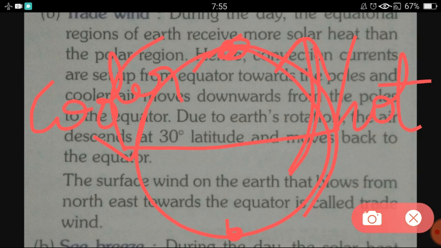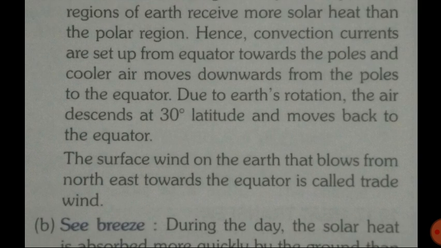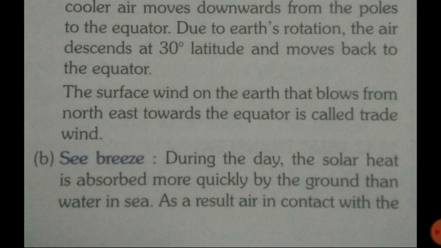So that motion of air is not completely vertical. The air is not completely going upward or coming downward, because of the rotation of the earth, and the earth is a little bit tilted also. So the air descends at 30-degree latitude and moves back to the equator. The surface wind on the earth that blows from the northeast towards the equator is called trade wind.